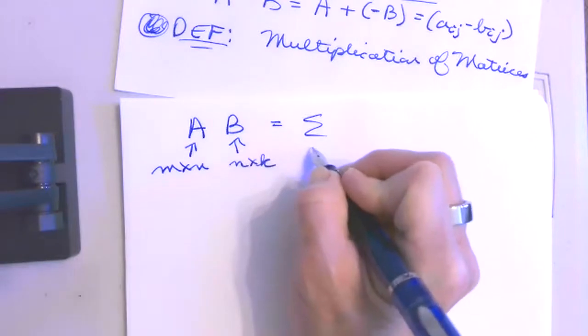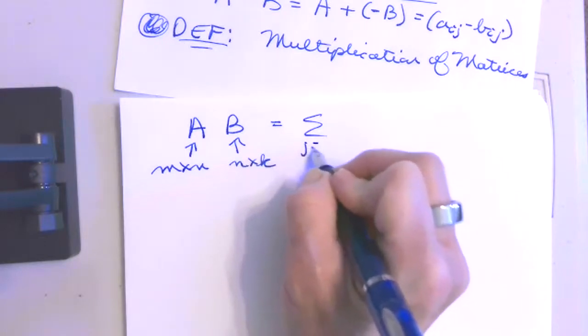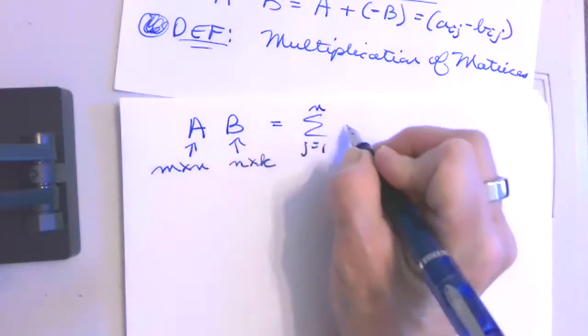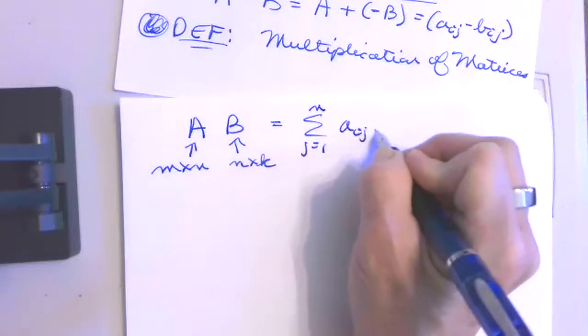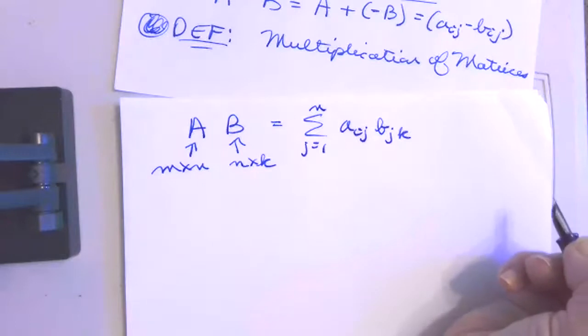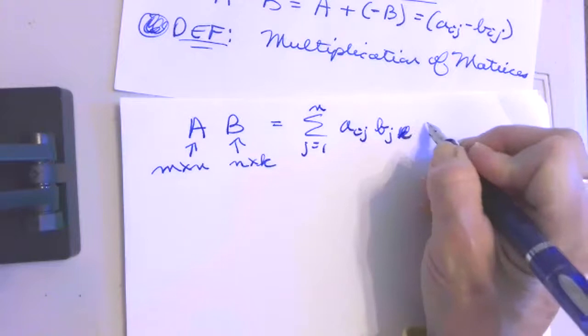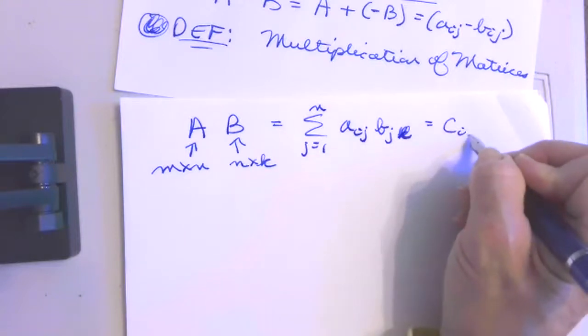It's defined to be the sum from j equals 1 to N of Aij Bjl, and that gives me Cil.